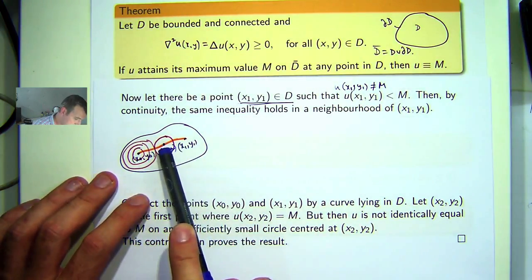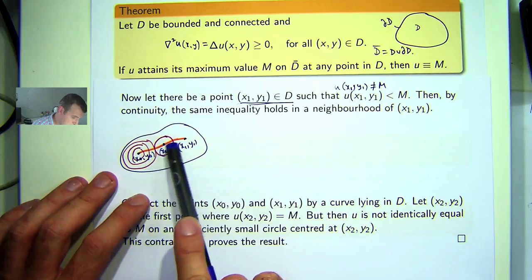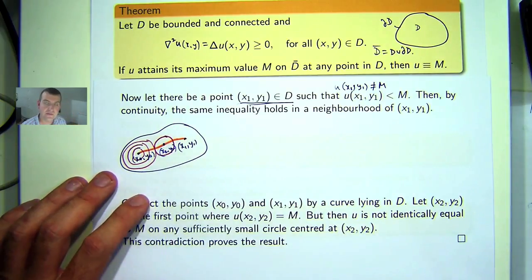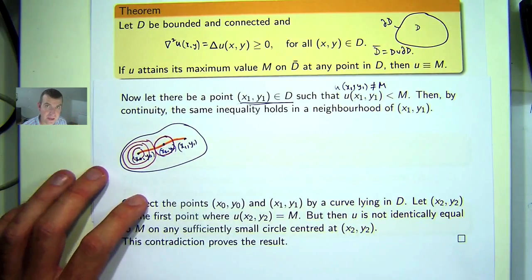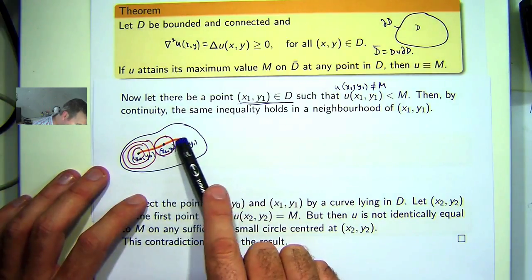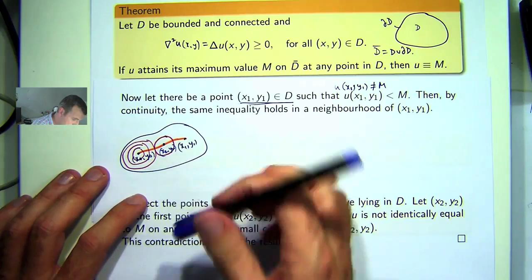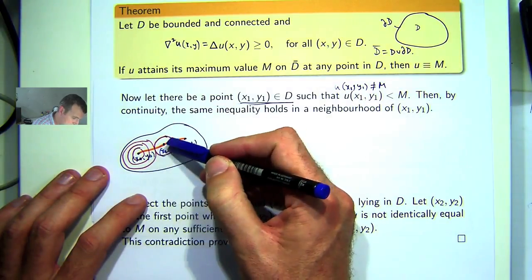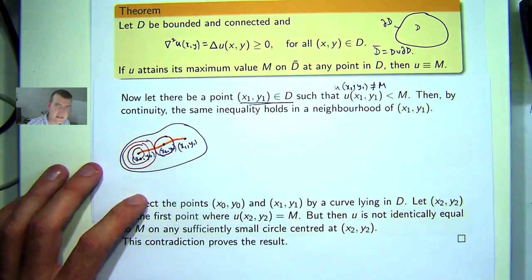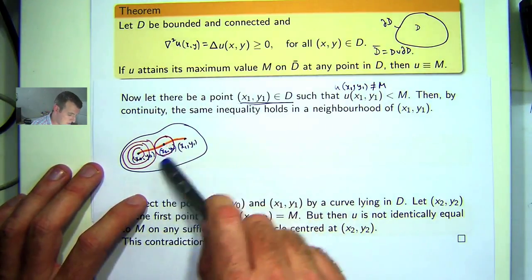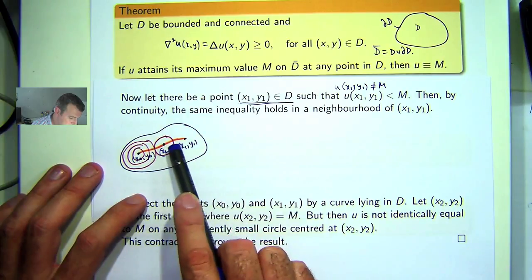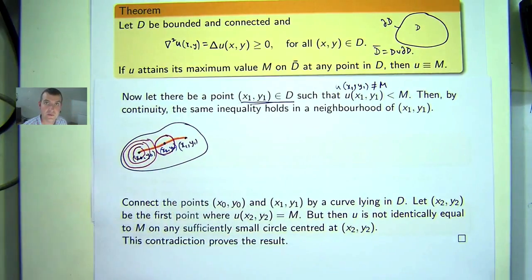After I go past this point, say to the right on this curve, the value of u drops below M, and there's an intersection between the orange curve and this red circle. So on all other points of the circle, we're saying u is constant and equal to M. But on the intersection of this circle and the orange curve, we know that u is less than M. So there's our contradiction.